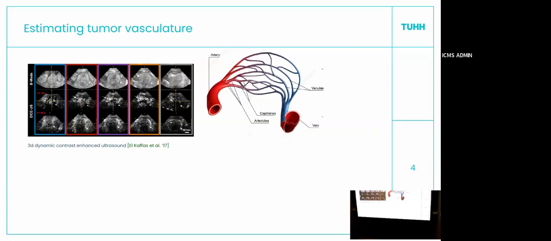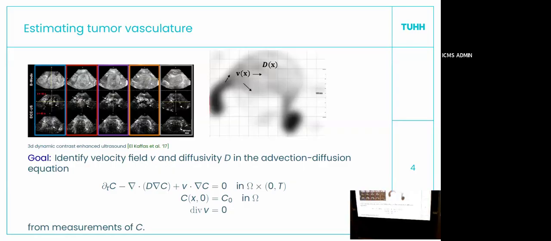So we're doing this. What we need to do is estimate two quantities in this first very, very simple model. So it's just transport of a contrast agent with larger vessels. And if you go to the capillaries that you don't resolve, neither numerically nor in the images, this looks like diffusion.